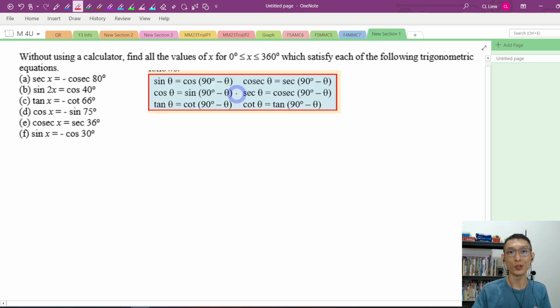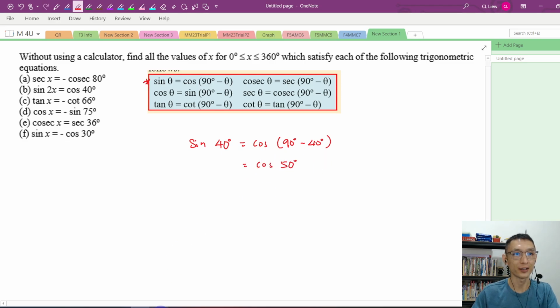We need to use the relationship between these functions to solve this question without a calculator. Remember, sine and cosine are one group, tangent and cotangent one group, secant and cosecant one group. Let me explain a little. Sine 40 degrees is actually equal to cosine of 90 degrees minus 40 degrees, so it's equal to cosine 50 degrees.